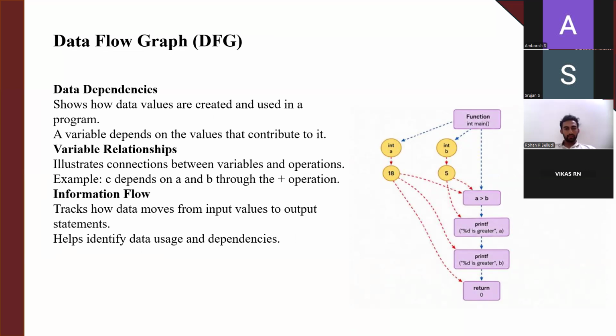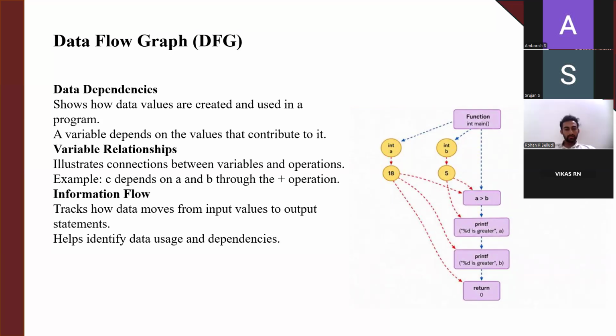Data flow graph, DFG. Data dependency shows how data values are created and used in a program. A variable depends on the values that contribute to it. Variable relationships illustrate connections between variables and operations.